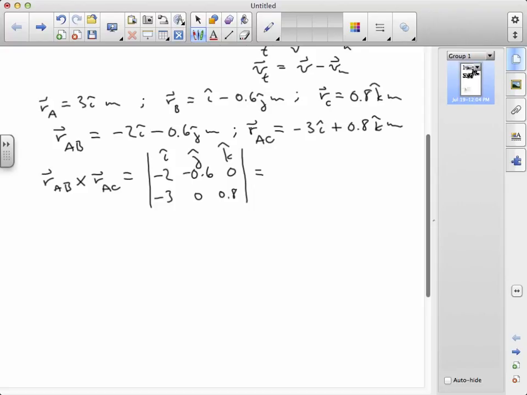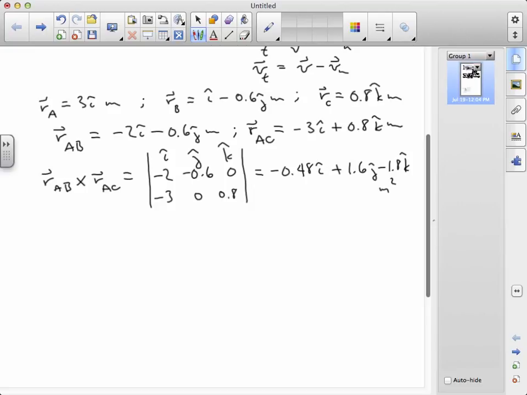And we have in the I direction, 0.8 times minus 0.6, which is minus 0.48 in I. And in the minus j direction, we have minus 2 times 0.8. That ends up giving us a plus 1.6 j. And in the k direction, we have a minus 3 times minus 0.6, which gives us a net minus 1.8 k. And this has units of meters squared, since each relative position vector has units of meters.